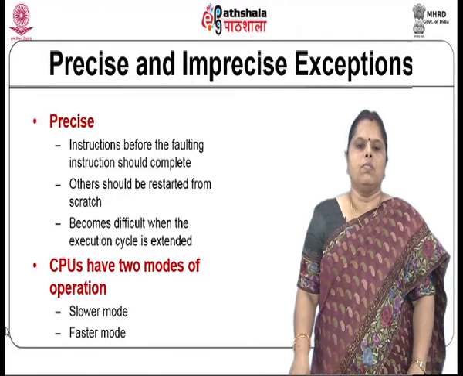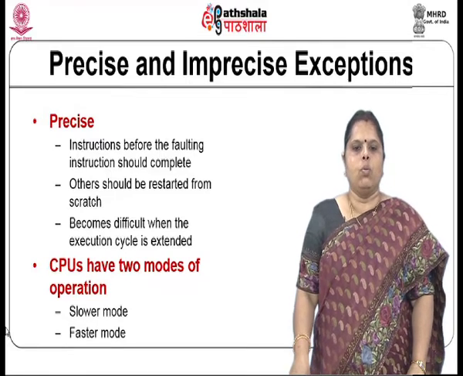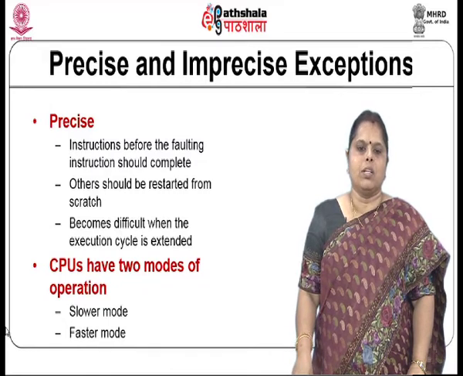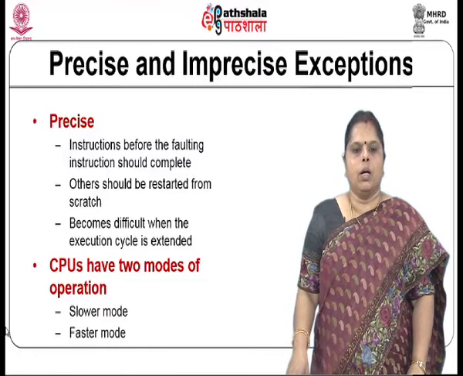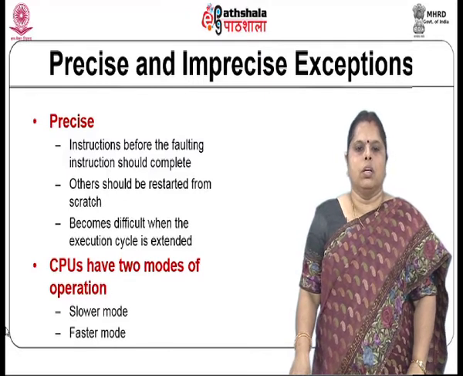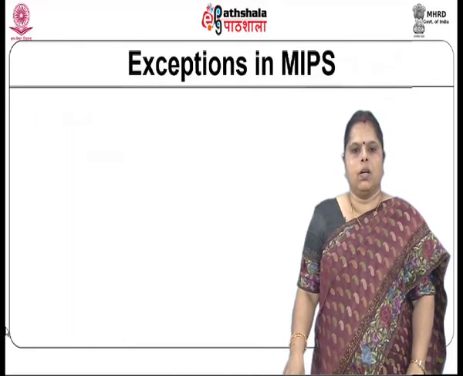So, that becomes the faster mode of operation or the performance mode of operation. In the slower mode of operation, because you have a restriction on the types of instructions that can be overlapped, it becomes slower. Normally, the precise mode or the slower mode of operation is about 10 times slower than the faster mode of operation.